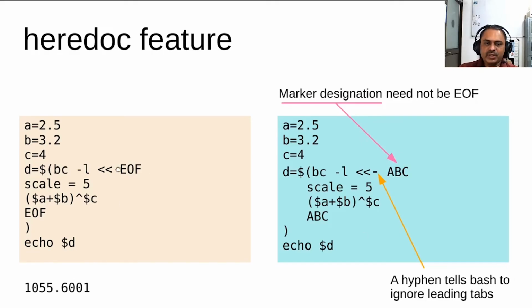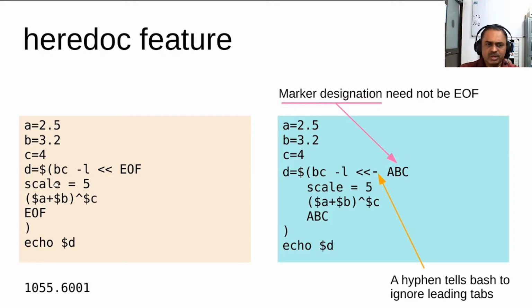So on the left hand side, you have seen that the marker is EOF, which is the default. If you don't say anything, that means EOF is what it is expecting. Up to the line in which the first character is E and then the word is EOF, the input is read, and that input is then fed at the location that you are supposed to be giving. So BC minus L, followed by whatever is the text, is supposed to be inputted to the BC, that is actually given here.